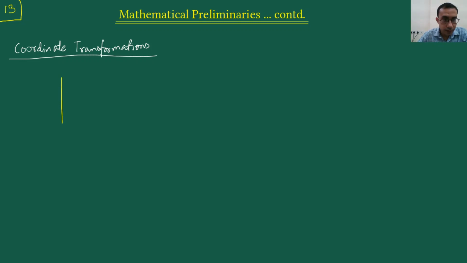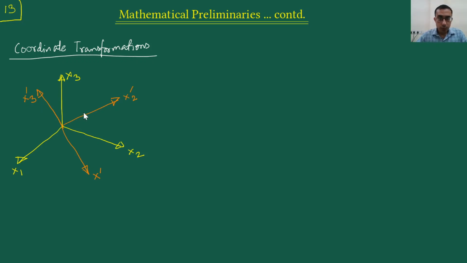So suppose we have these three coordinate axes, x1, x2, x3, and suppose we have another set of coordinate axes, let's say x1 dash, x2 dash, and x3 dash here.